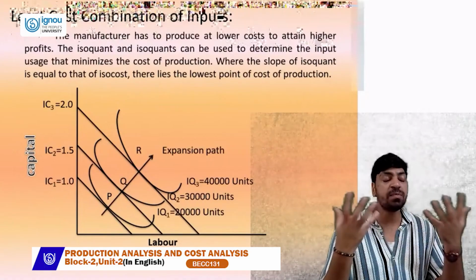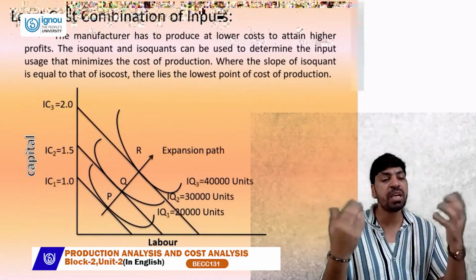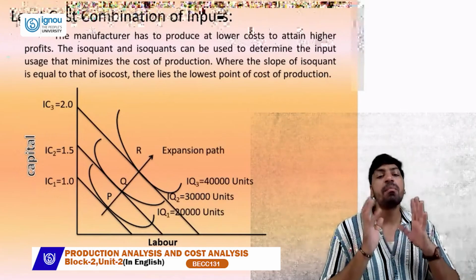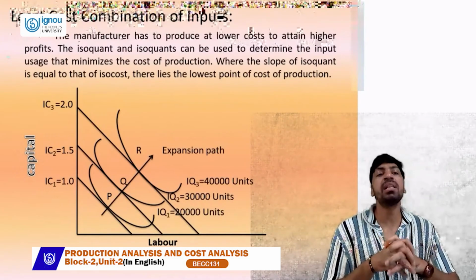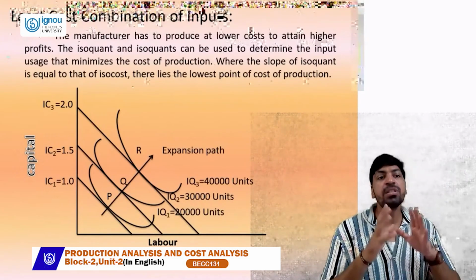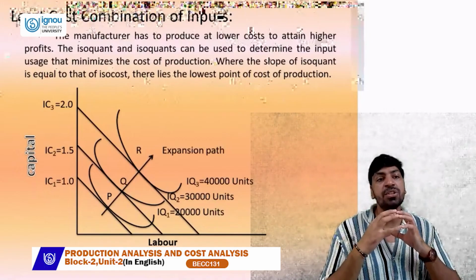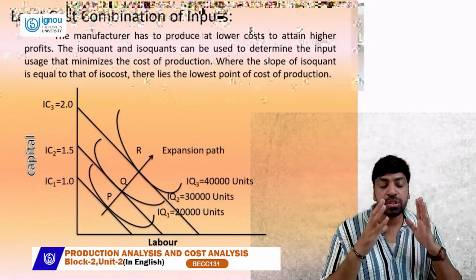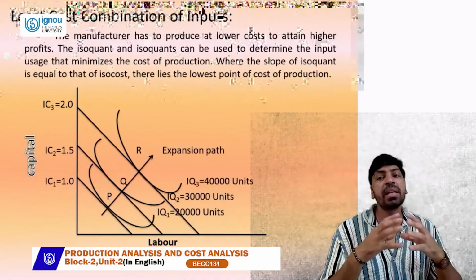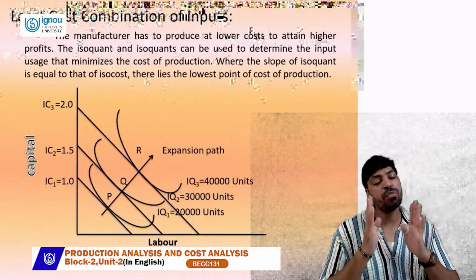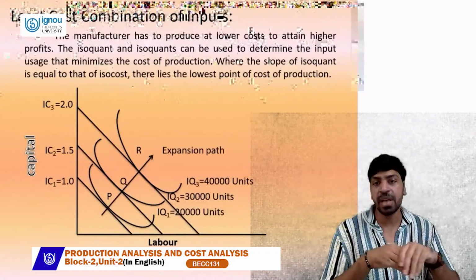For any manufacturer or firm, we always have an objective to achieve maximum wealth or profits. So the main purpose of the isoquants is to determine the inputs to be combined that always reduce the cost of production.